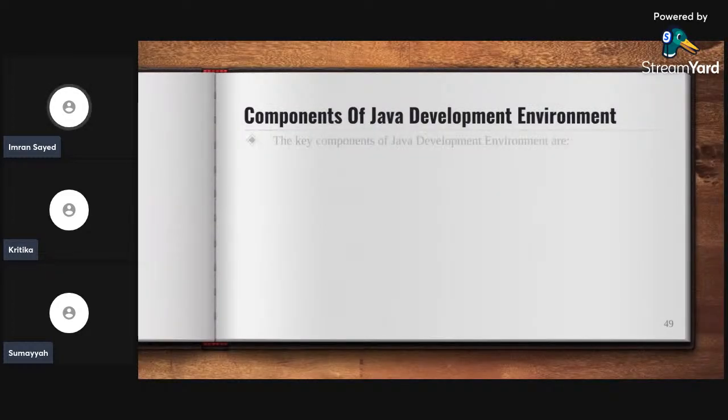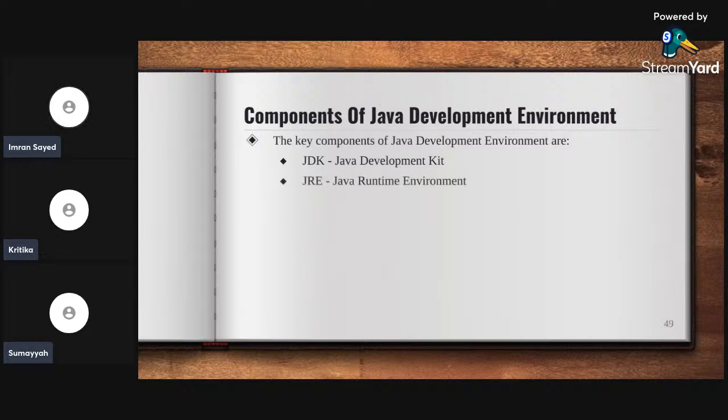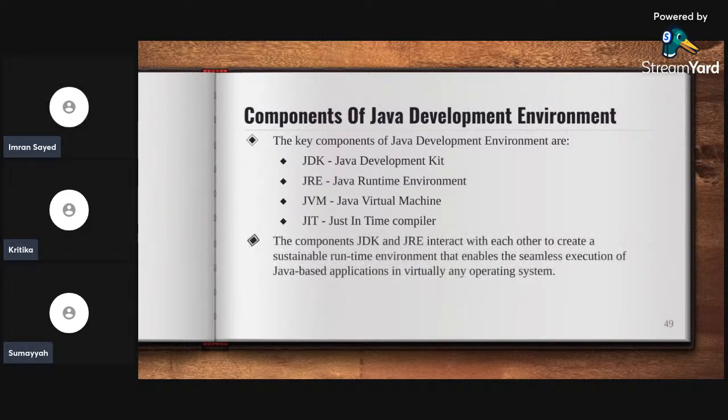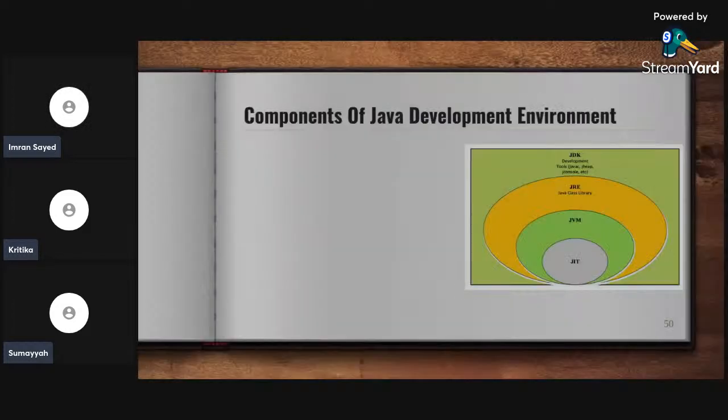Components of Java development environment. The key components of the Java development environment are JDK, which is Java Development Kit, JRE, Java Runtime Environment, JVM, Java Virtual Machine, and JIT, which is just-in-time compiler. The components JDK and JRE interact with each other to create a sustainable runtime environment that enables seamless execution of the Java-based applications in virtually any operating system.